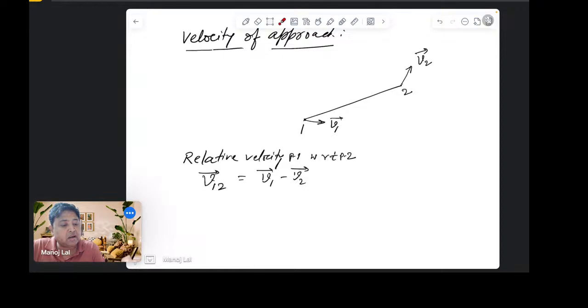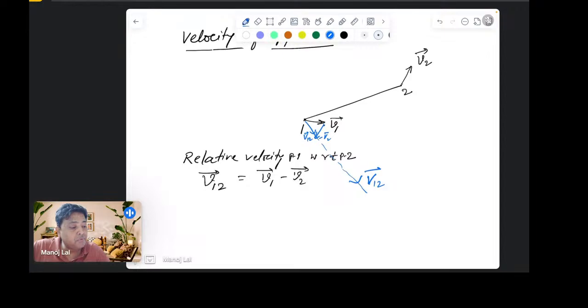If I draw it with a different color, this could be minus v2 and this is v1 minus v2. So this vector is the relative velocity V12 as observed by this observer.